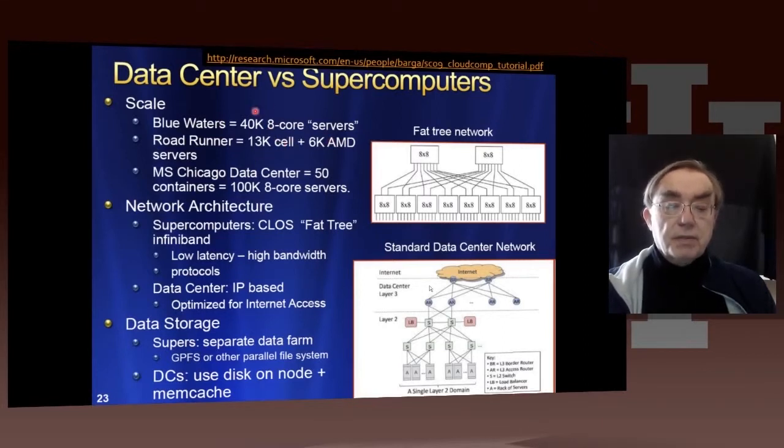So anyway, here we have supercomputers, 50 to 100K servers, but a single data center is the same size, and let's say Microsoft is now going up to 1 million.